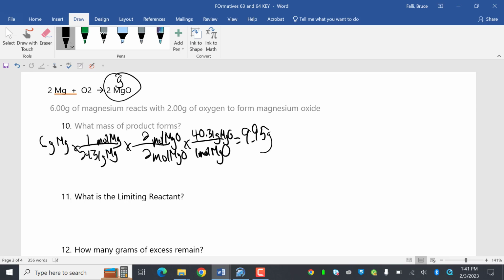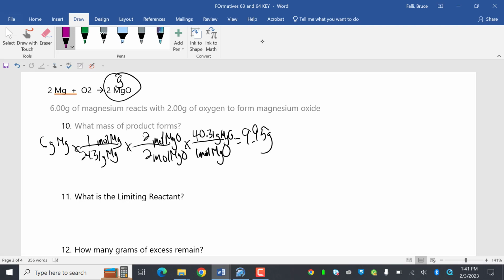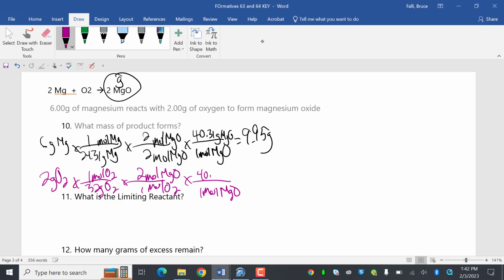And then I like to change my color for my next one. So now I have 2 grams of oxygen, 1 mole of oxygen is 32 grams of oxygen. Moles of oxygen, that's 1, moles of MgO, that's 2, 1 mole MgO is 40.31 grams of MgO.